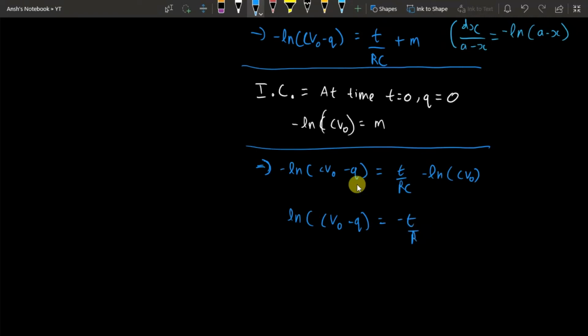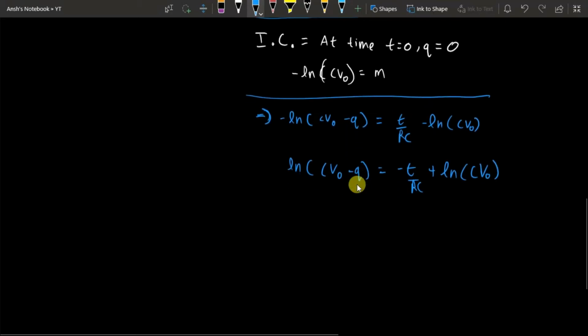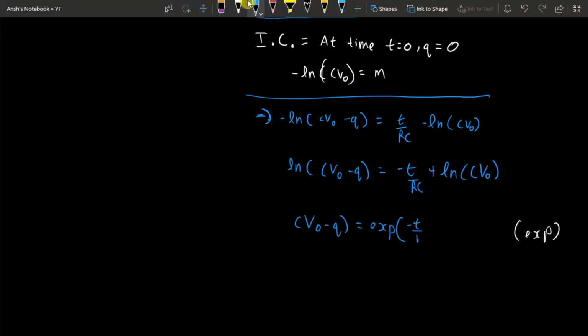And now let's take the exponential on both sides. The exponential and the natural logarithm cancel out, and we get cv naught minus q is equal to exponential of (minus t over rc plus ln of cv naught).